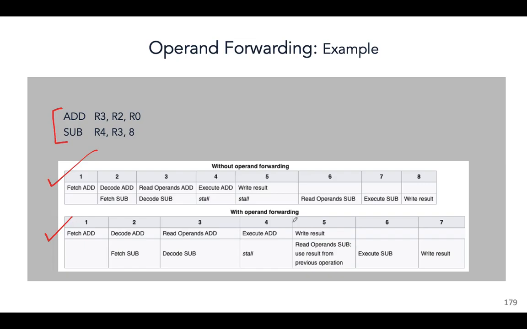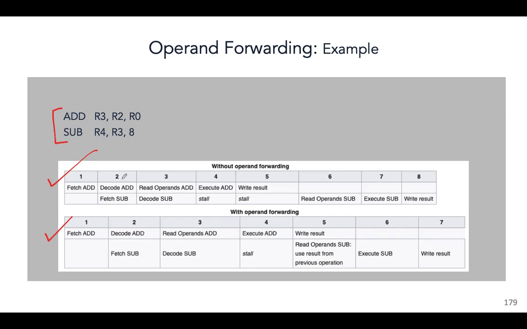So normally, what would we see in this pipeline? The first clock cycle occurs and the first instruction is fetched. So add is fetched. When the second clock cycle occurs, add will move on to the next phase, which is decoding, and also the new instruction will be fetched, right?